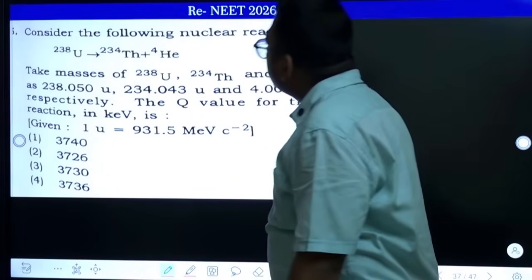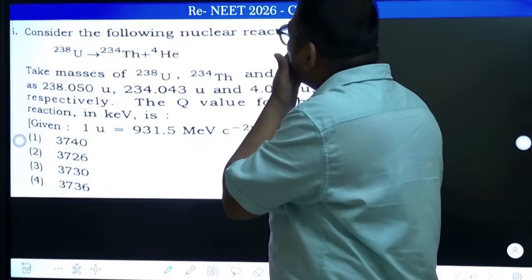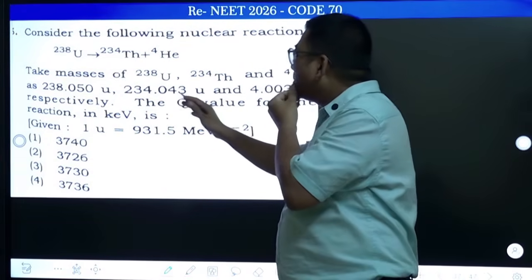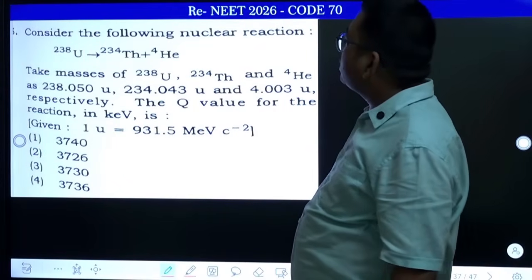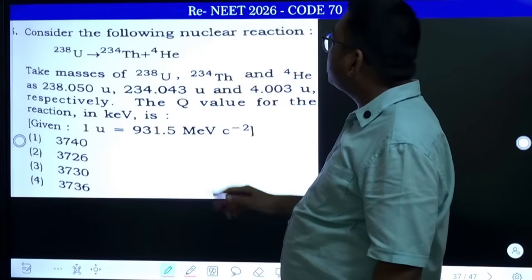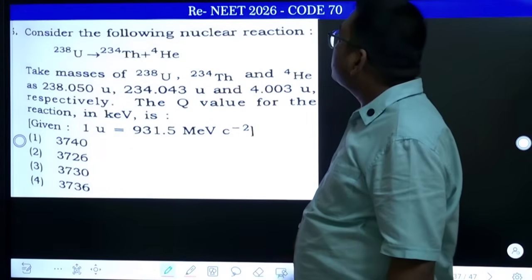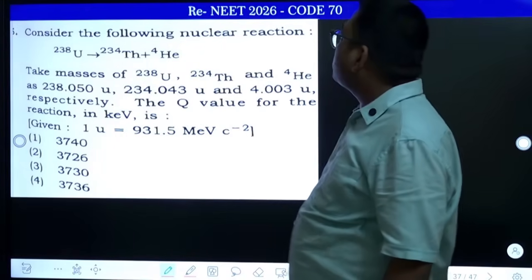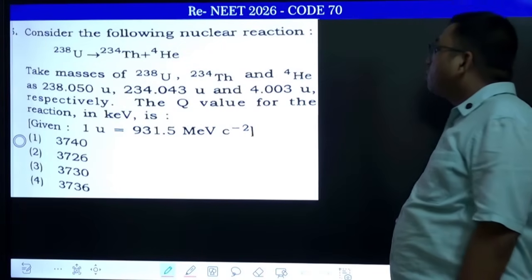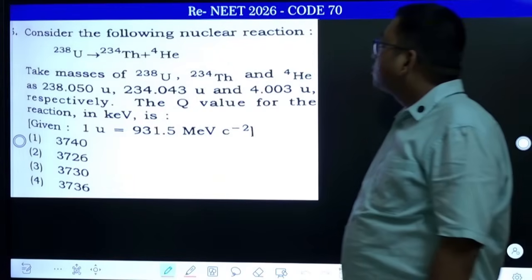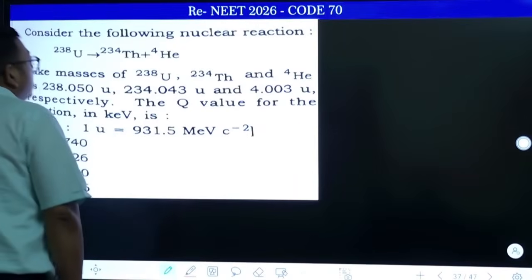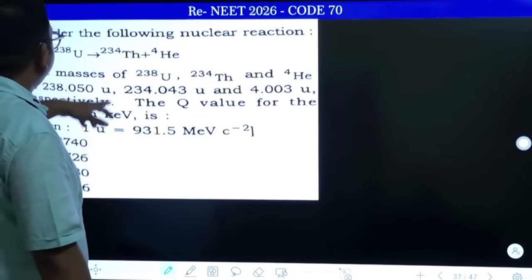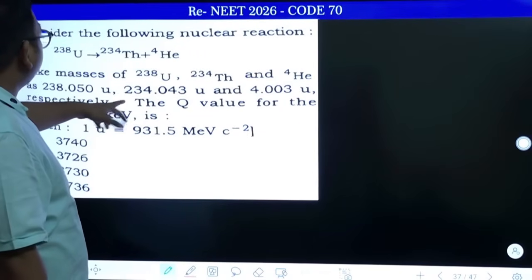Next, consider the following nuclear reactions. Nuclear reactions are given, masses are given. They are asking for the Q value. So for Q we will calculate the mass loss. Masses are given, now we need to subtract.